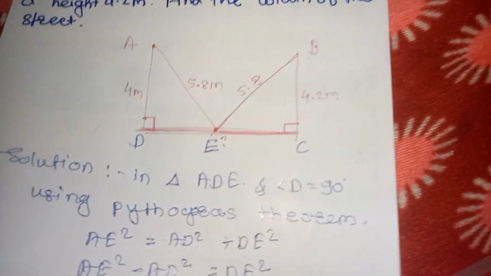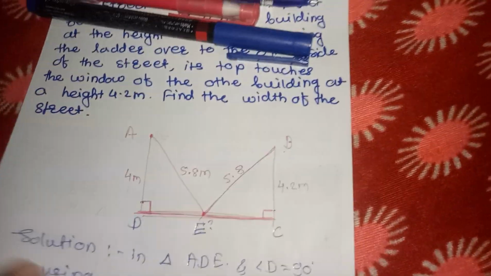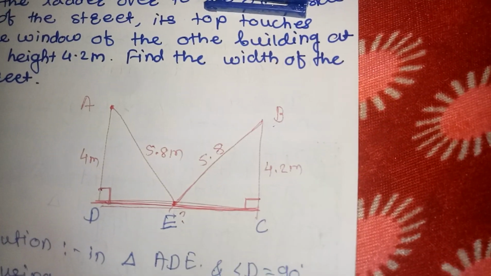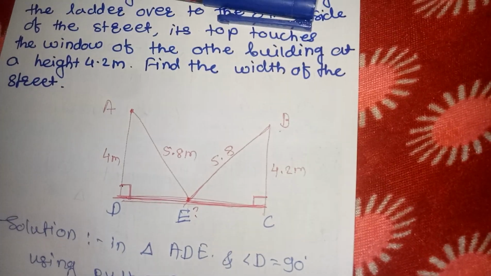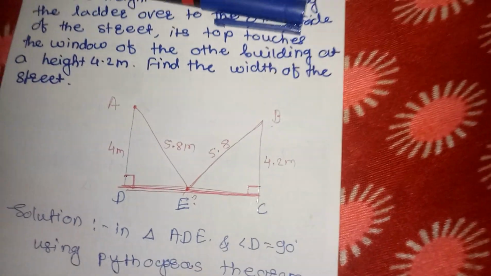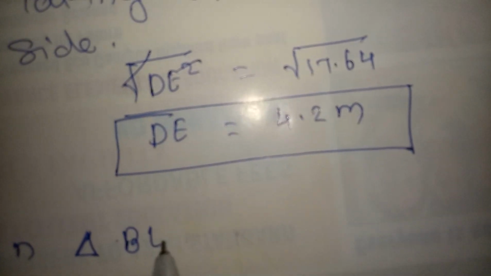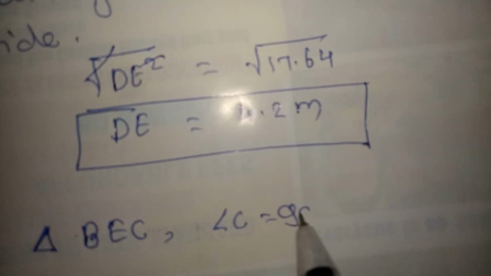After that we have to find the length EC. So for finding the length EC we have to consider another triangle BCE. If we consider the triangle BCE, then angle C is the right angle. So in triangle BEC, angle C is equal to 90 degree.